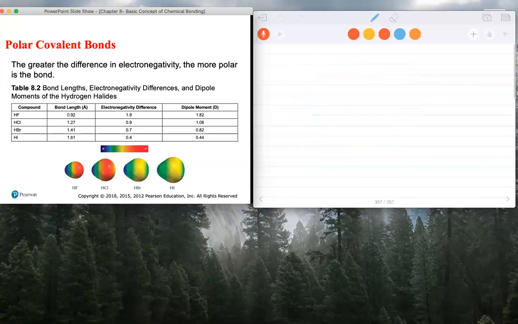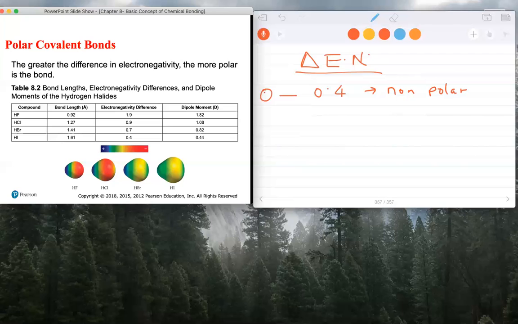And there is a benchmark here: if the change in electronegativity is 0 to 0.4, we say the bond is non-polar. That means there's equal sharing of electrons.